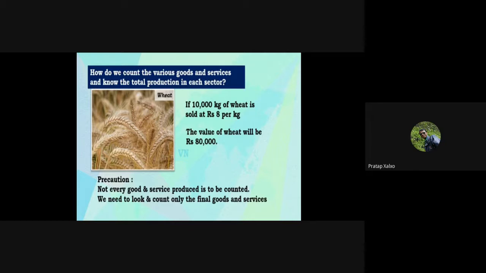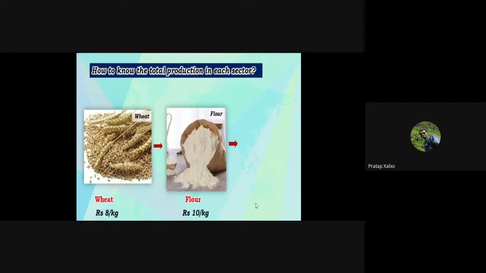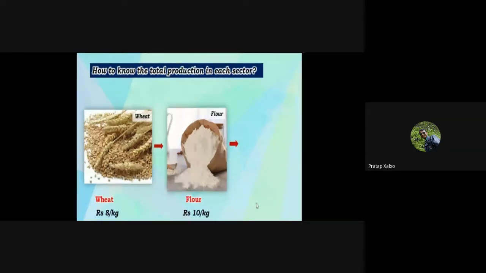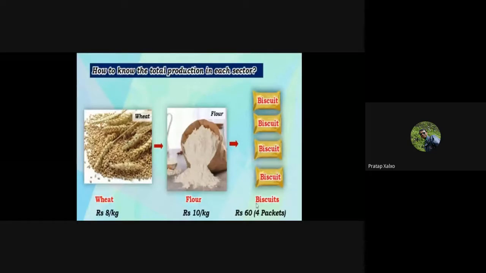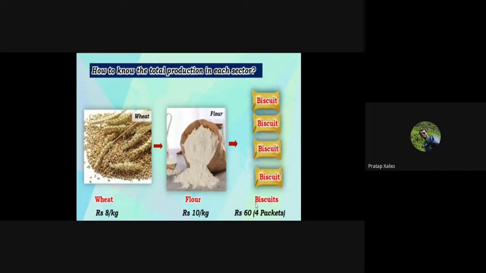Let's understand this with an example. Say, we have wheat at 8 rupees per kg. We convert it into flour, it is 10 rupees per kg now. And we make biscuits out of it. Just for our understanding, we take only 4 packets of biscuits and the value is 60 rupees. So, I should not take 8 rupees and 10 rupees.